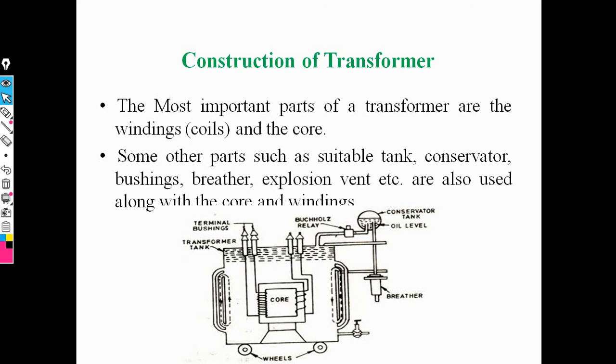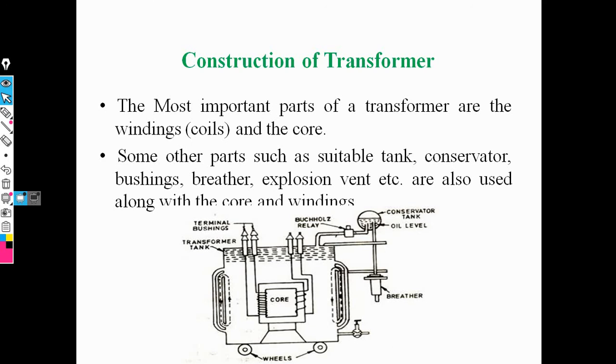Also here we use a Buchholz relay, because many internal faults occur in a transformer. The main purpose of the Buchholz relay is to easily detect faults occurring in the transformer. The construction of the transformer is based on the transformer tank and the conservator tank.